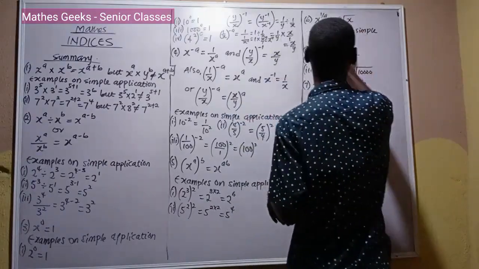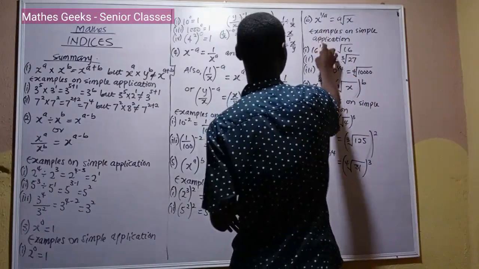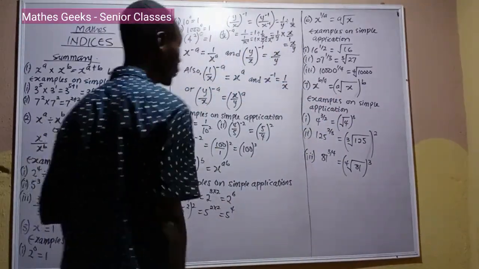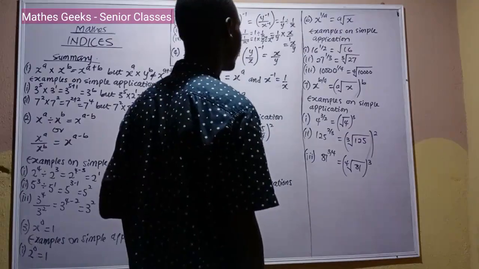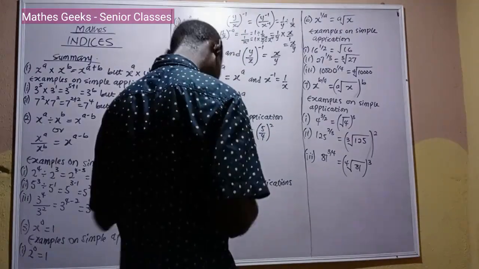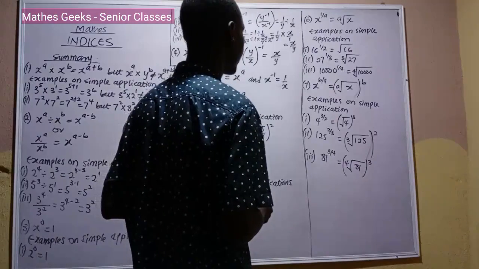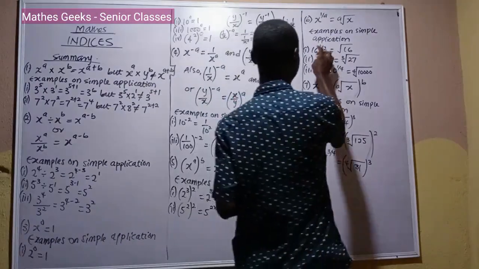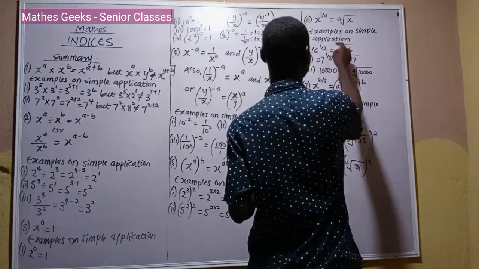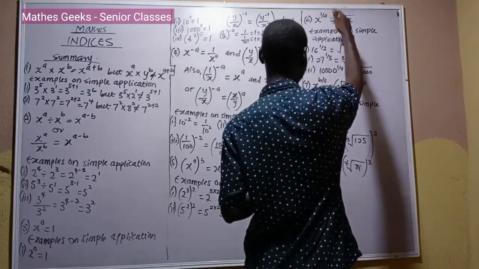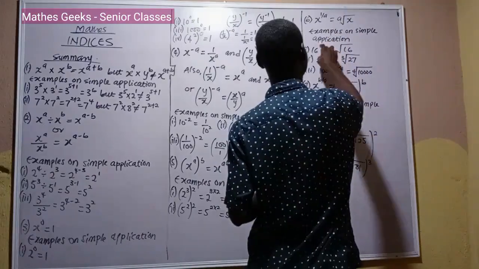The example on simple application is 16 raised to 1 over 2, which is equal to, since the denominator of the fractional power is 2, the second root of 16.